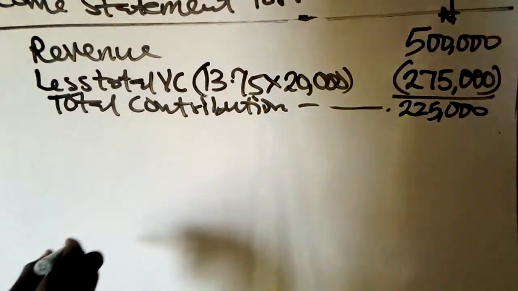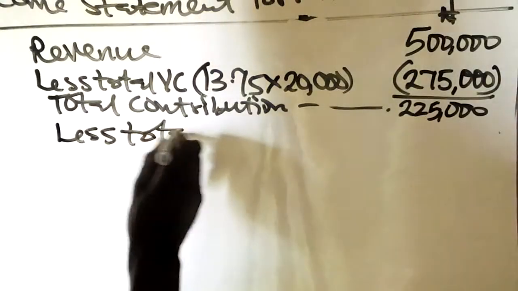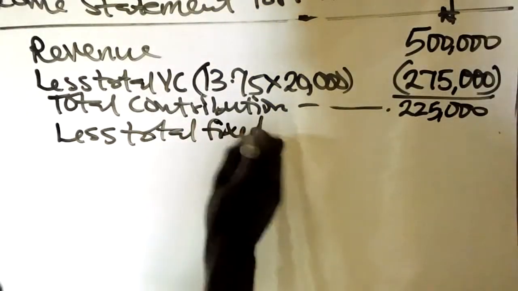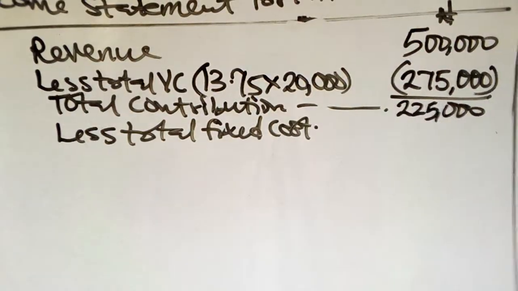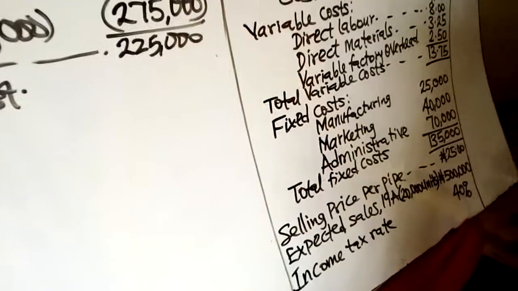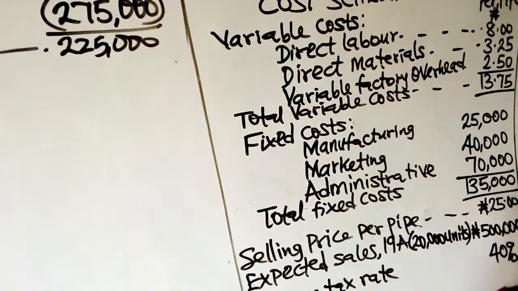From contribution, we less total fixed cost. And how much is the total fixed cost of 19A? The total fixed cost is given to be 135,000 naira.